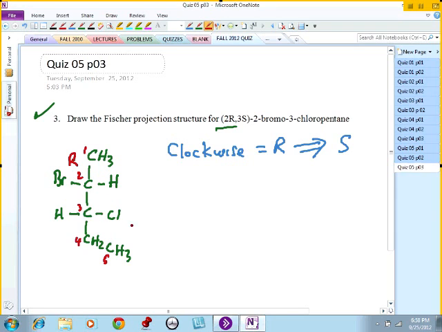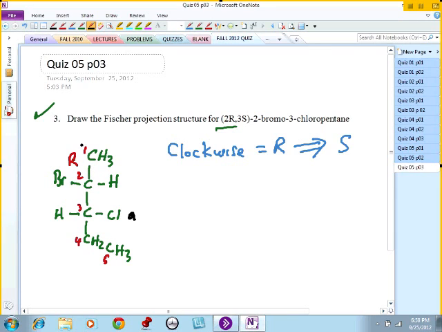Okay, so let us now go to this carbon here. Assign the priority. Priority A, chlorine. Good. B, which one? Which is B? Keep in mind that this carbon here is attached to bromine, whereas this carbon is only attached to carbon.